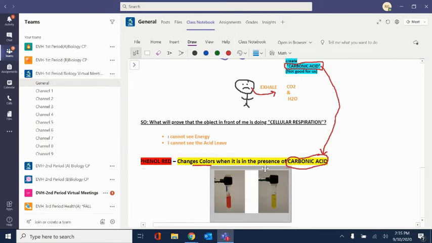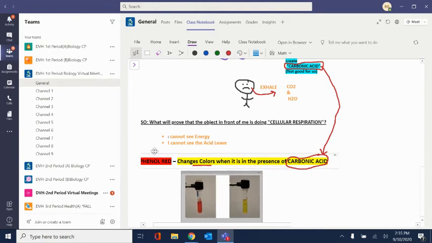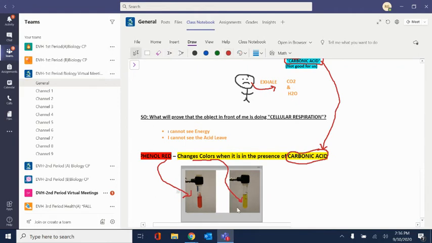Here we are. Phenol red in the first tube. Notice that it changes colors to a light yellow.